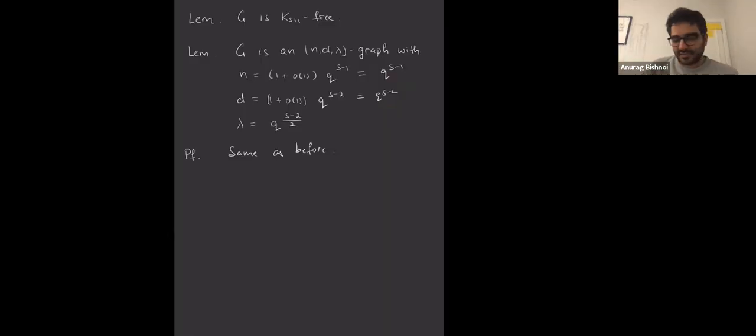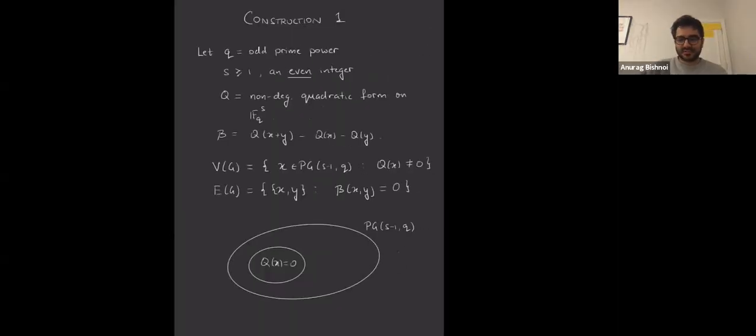I need this odd characteristic field, and I need the non-degenerate quadrics. And I really need all that finite geometry stuff. Otherwise, I don't think you can come up with that construction without knowing something about quadratic forms or the finite geometry associated to them.